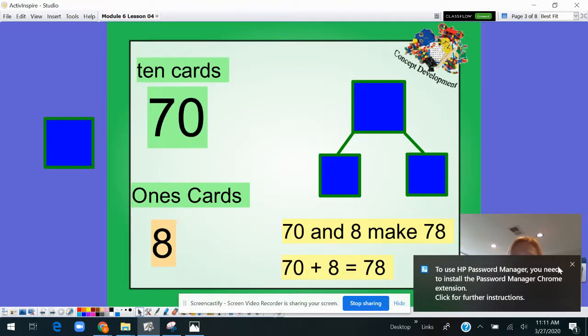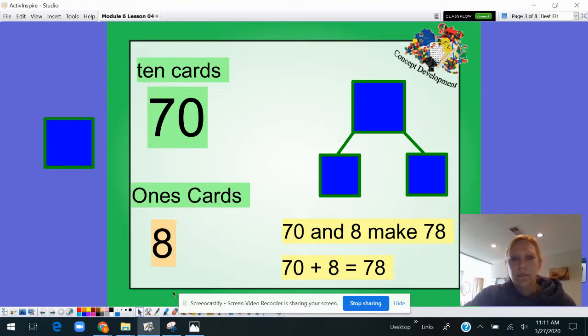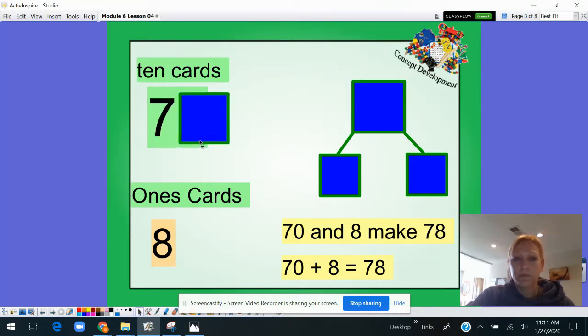Today we're going to look quickly at this, and it's going to be pretty interesting. We have this, which is our tens card, which is 70, and we have our ones card. Now this little square right here is going to cover up that 0. So if I cover up that 0, how many tens would I have? Correct, we would have 7 tens.